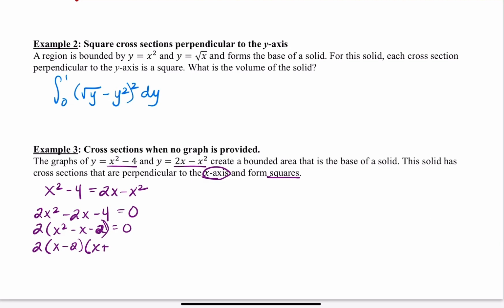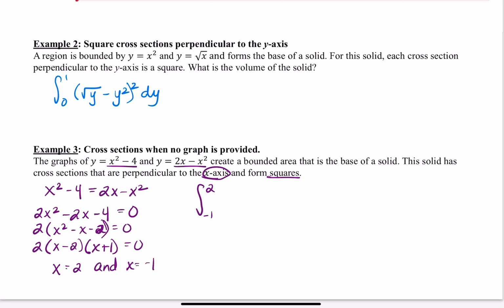So it'll be x plus 1 is equal to 0. So now over here, I know that my bounds are going to be x equals 2 and x equals negative 1. Okay? So when I set up my integral, I know that the bounds are going to be from negative 1 to 2.